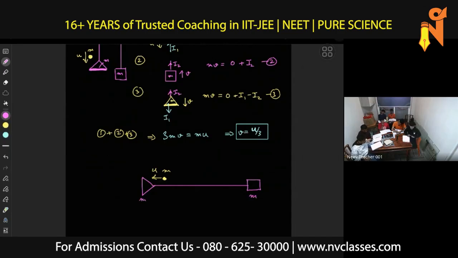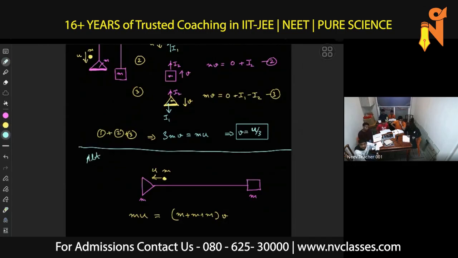So what's the initial momentum? mu is the initial momentum. What's the final momentum? This sticks to that, so all of them go with the v velocity after sticking. So it is m plus m plus m into v.